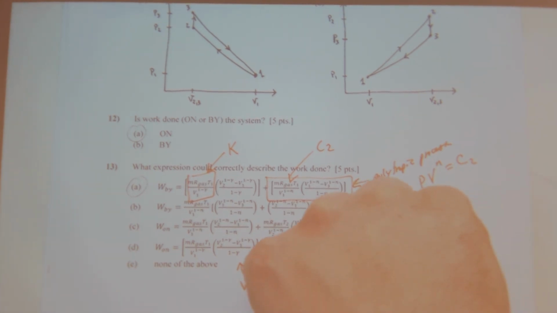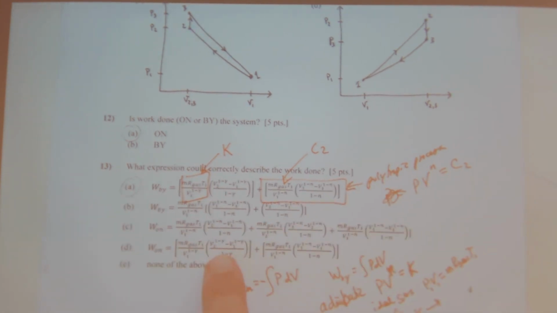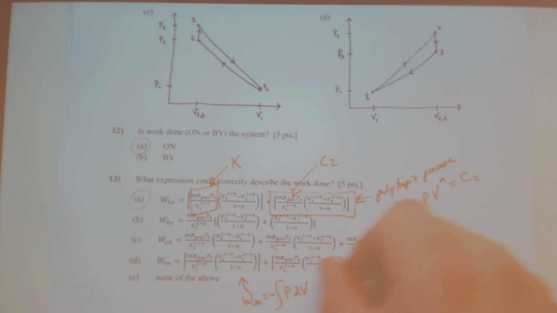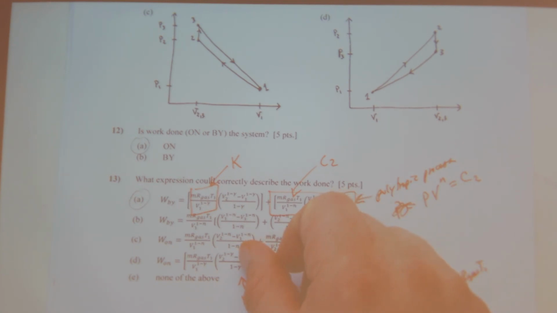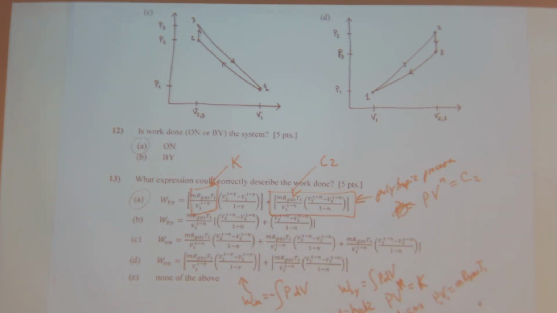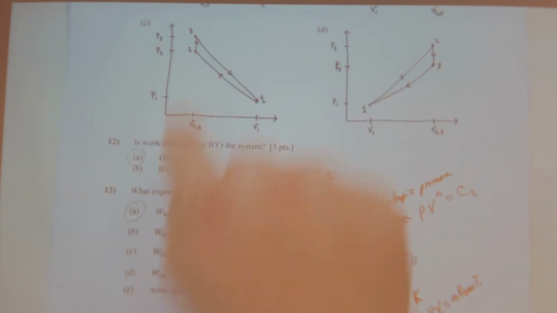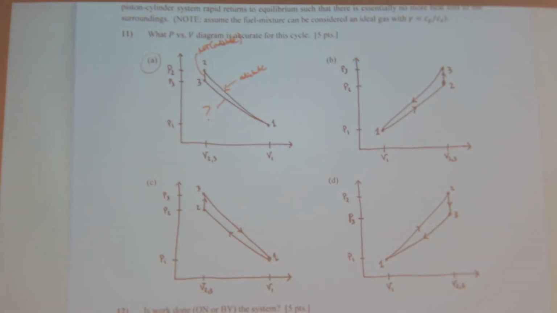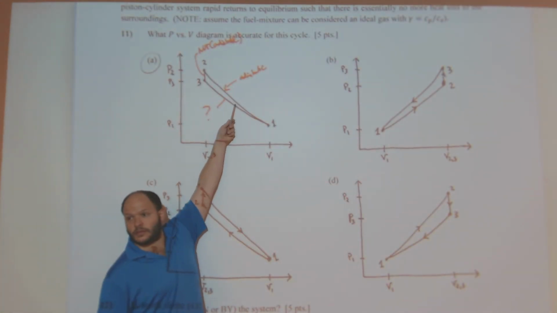But anyways, it's really 3 to 1. You get the idea. It says the work on is 0 if n equals gamma, so basically saying that from state 3 to state 1 is adiabatic, work on is equal to 0. But just looking here, I have area.